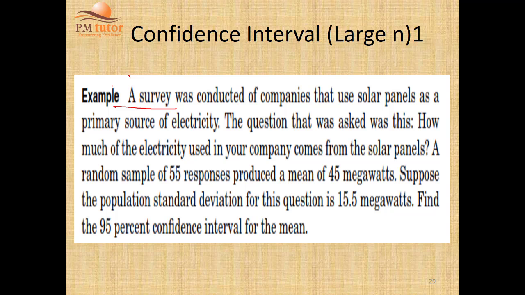A survey was conducted of companies that use solar panel as a primary source of electricity. A survey is like you are trying to get data. Most data you are trying to get from a survey is going to be feedback. It's mostly used for qualitative data collection.